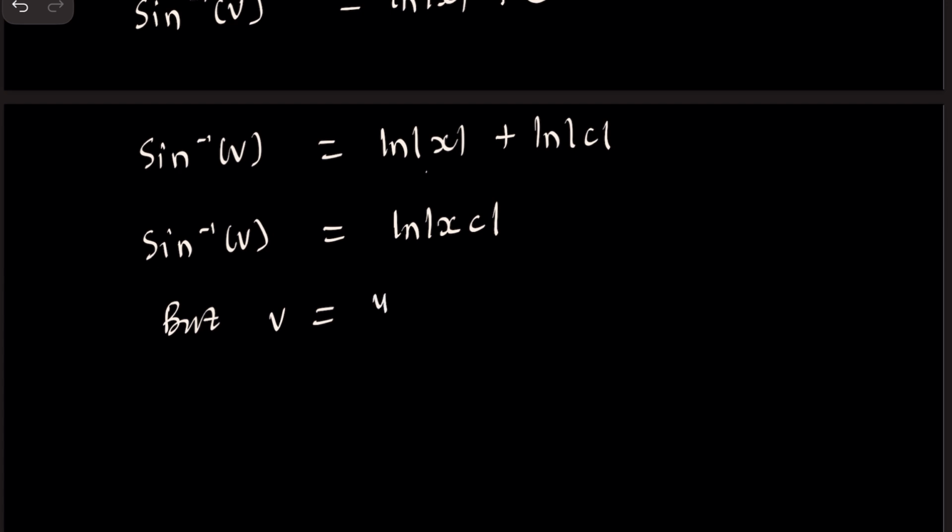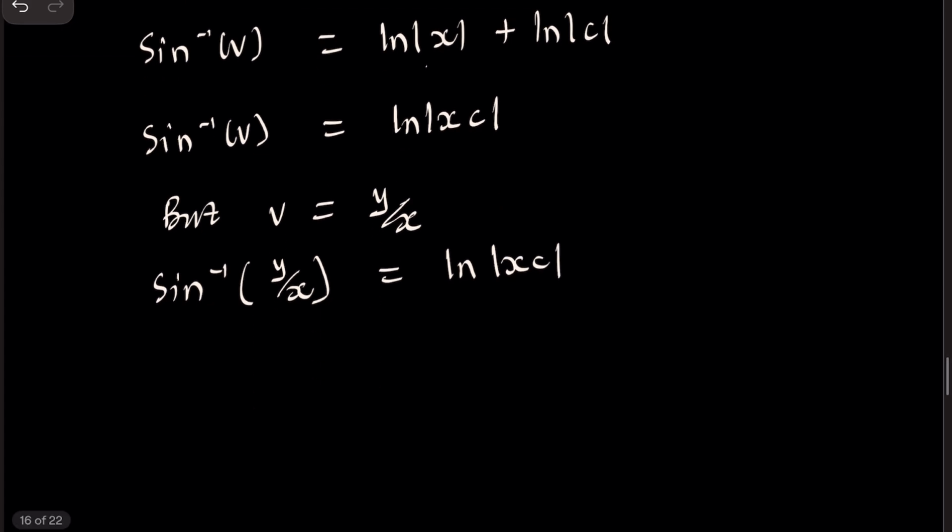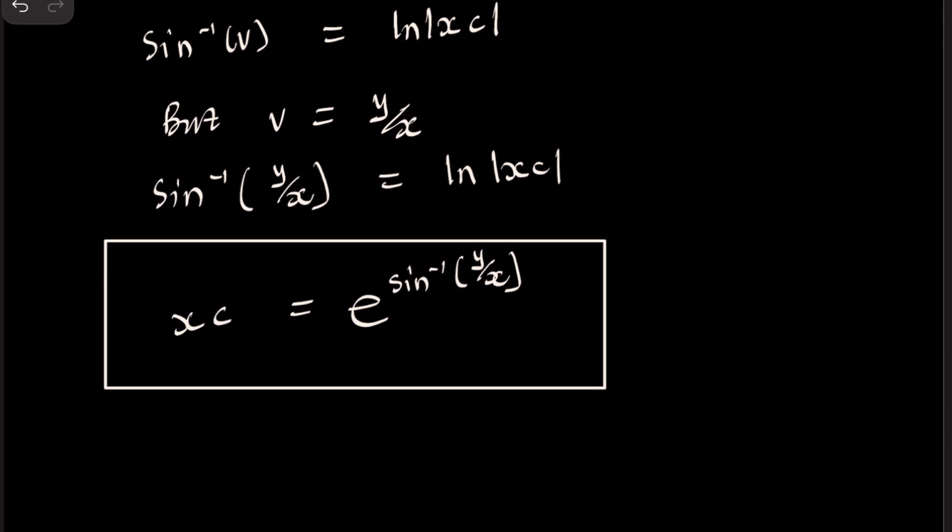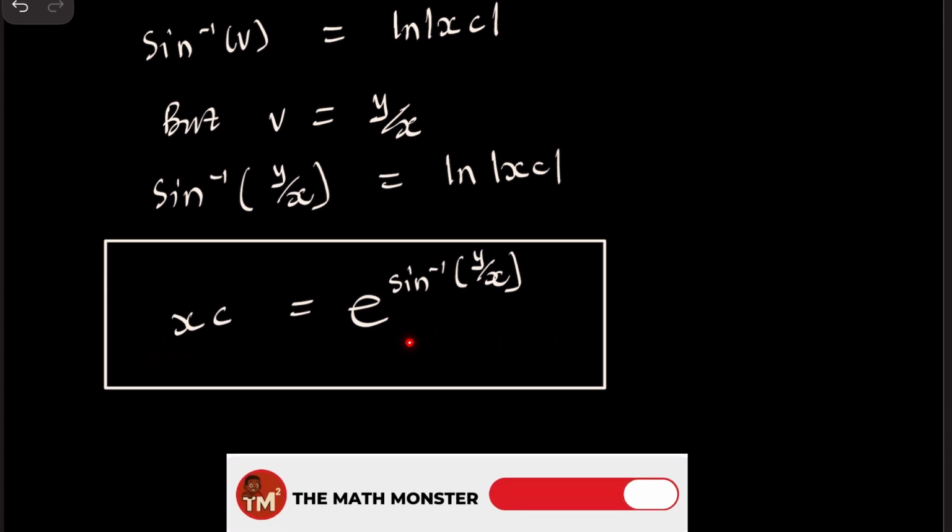But v is equal to y on x, and so you're going to have sine inverse of y on x is equal to ln of x times c. We now take exponents on both sides, so that's going to give us xc is equal to e exponent sine inverse of y on x. Thus we have our general solution given below.